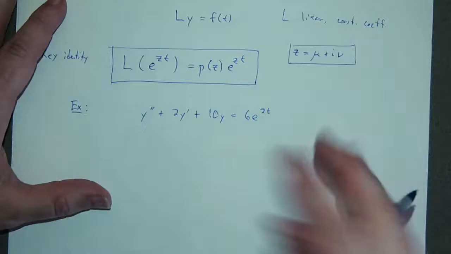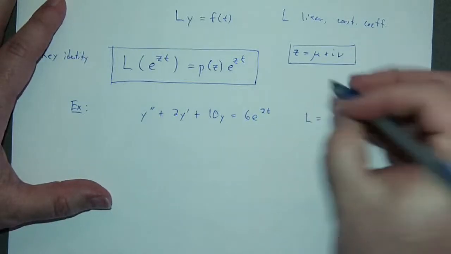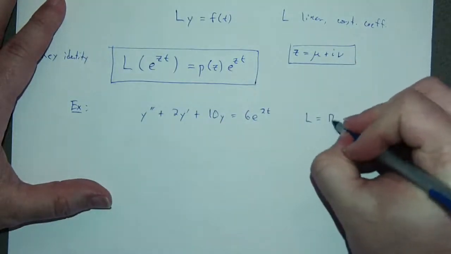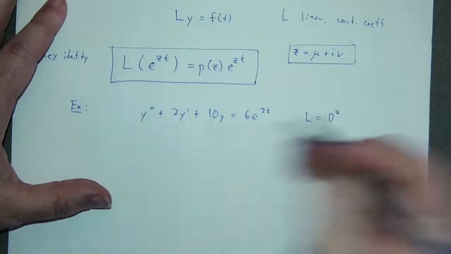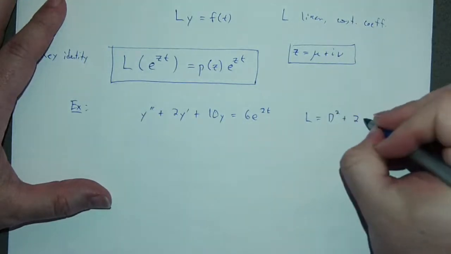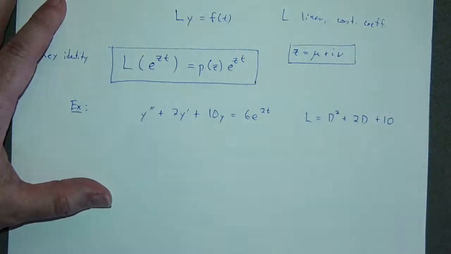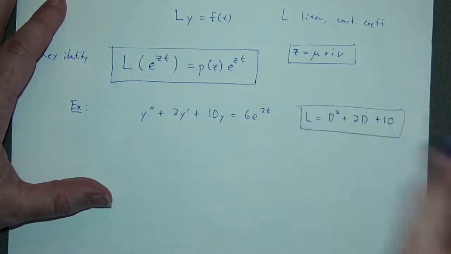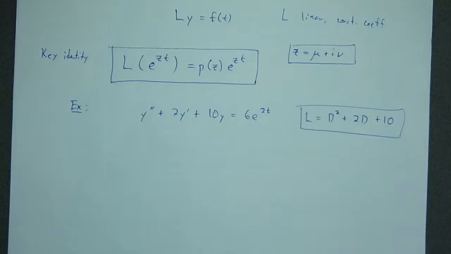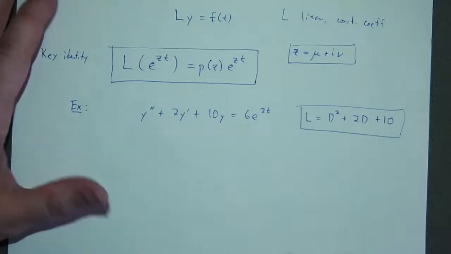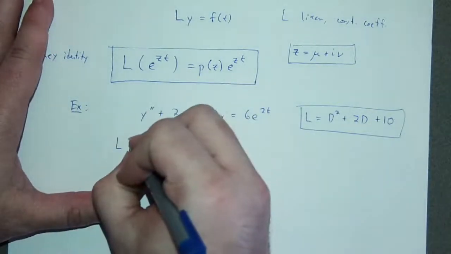So in this case, what is L? L is the operator that takes the second derivative, adds to it 2 times the first derivative, and adds to that 10 times the thing I was taking the derivative of in the first place. Let's see, what is L of e to the zt?